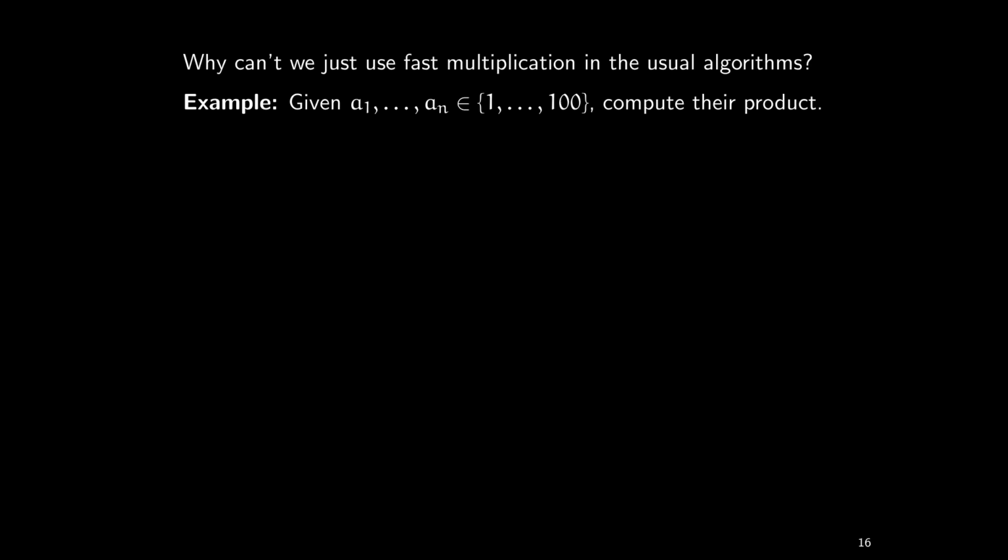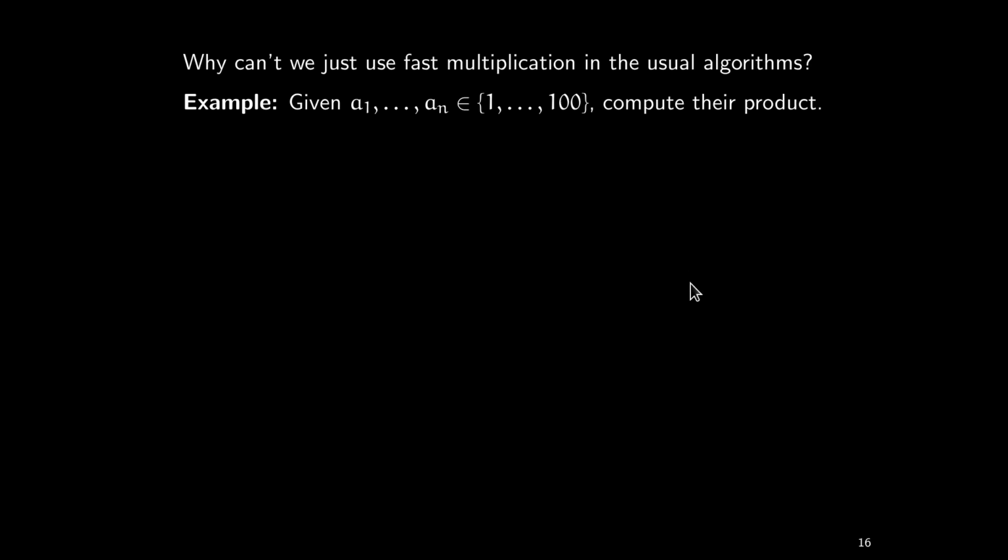Let's see an example. So suppose you want to compute the product of n numbers. Let's say the numbers are small, they are between 1 and 100, and n is very big. You have lots of numbers, so probably the same number will occur several times, and the a's don't need to be distinct. I want to compute their product.